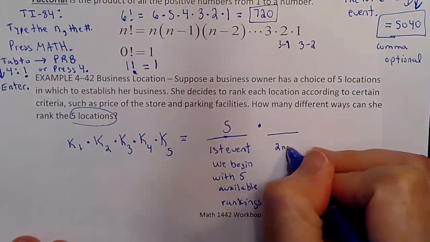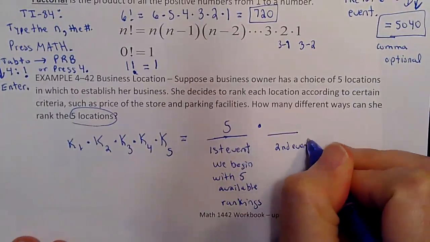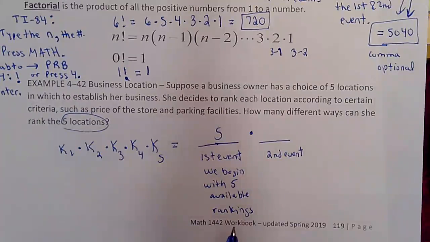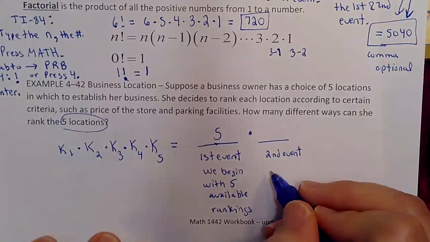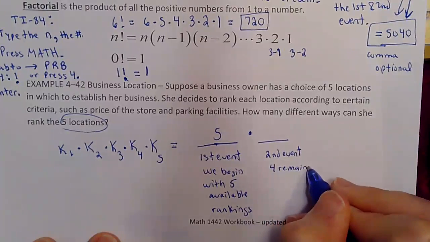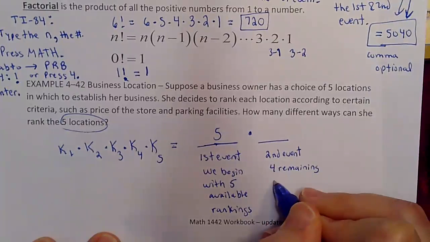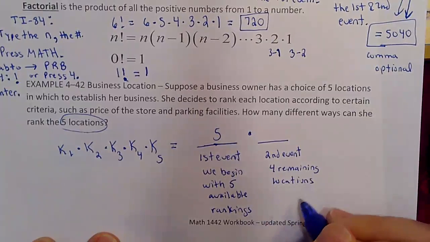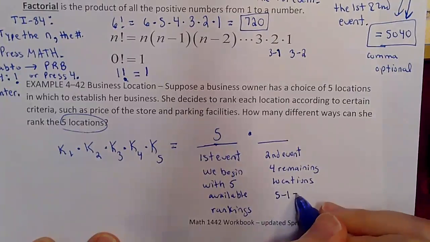But then, once she uses that location, she can't rank it again. She's already ranked it as one of her top, right? So then she looks at the remaining. So now you have 4 remaining locations, because it's 5 minus 1, which is 4.